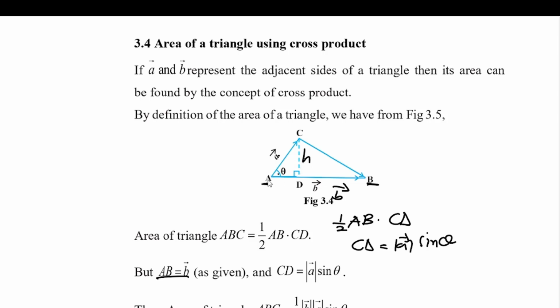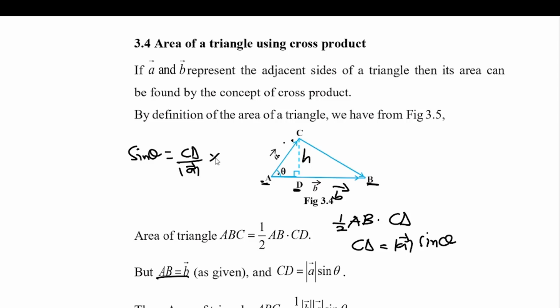So when we take triangle ACD, then sine theta equals the height of the triangle, which is CD, over the magnitude of vector A, which is the hypotenuse of the triangle.